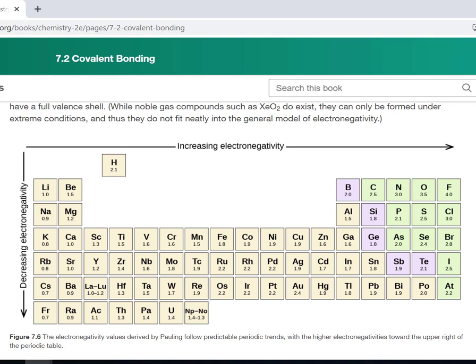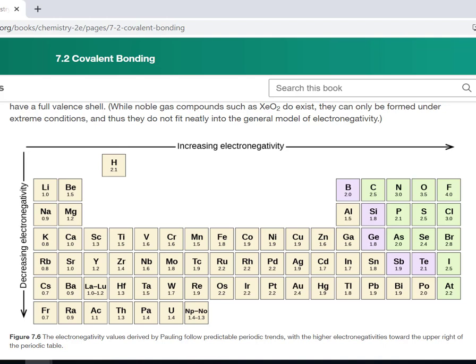The noble gases can sometimes form chemical bonds, but they are not included in this table, so we will omit them for now. Whenever you have a bond with fluorine, the sharing of electrons is mainly going to be on the fluorine side of things, as opposed to more equal sharing.